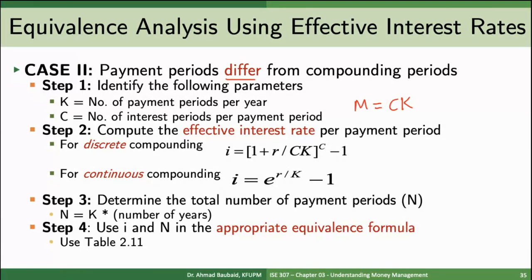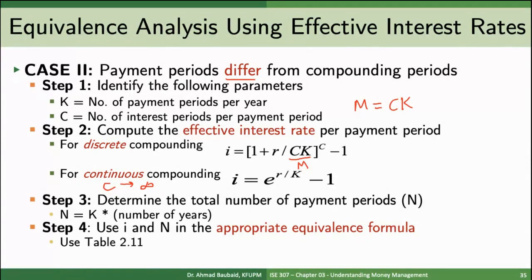And then in step 2, you compute the effective interest rate using the formulas that we've covered before. If it's discrete compounding, you use this formula. If it's continuous compounding, remember this is the case where C goes to infinity, then you use this other formula that we derived. Okay, and so you have C now, you have K, which gives M. You can write this as M if you want to, or you can just keep it as CK.